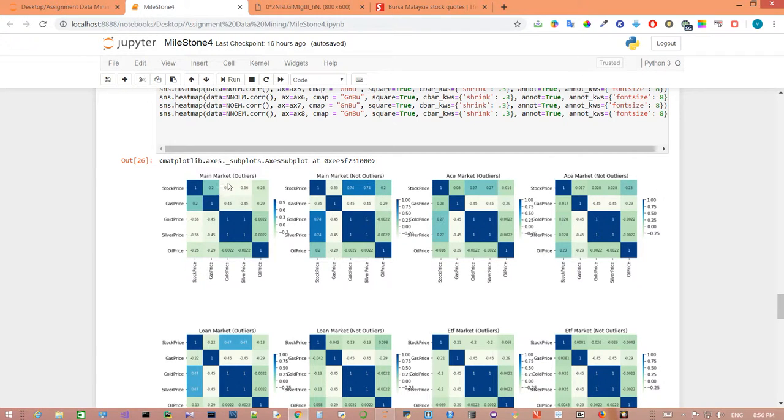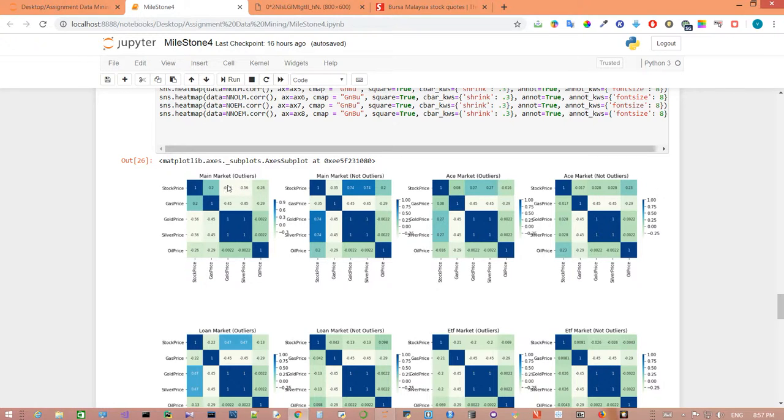Okay, so in main market, the thing that seems very interesting here, if we compare these two, is that in main market outliers, stock price is positively correlated to gas price. But in not outlier, it has a negative relationship with gas price.